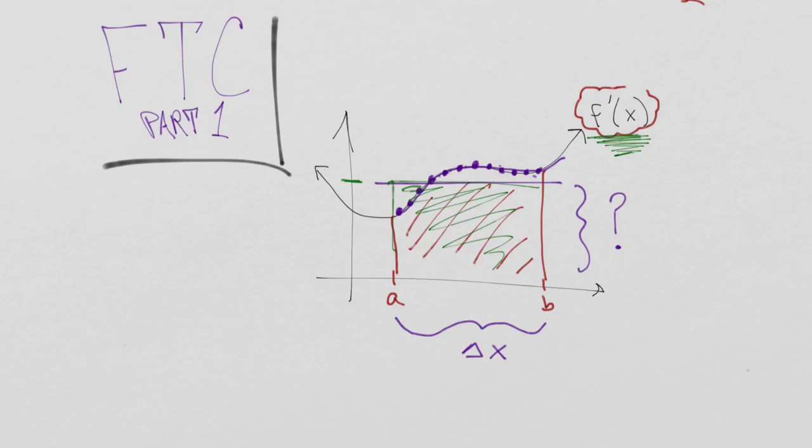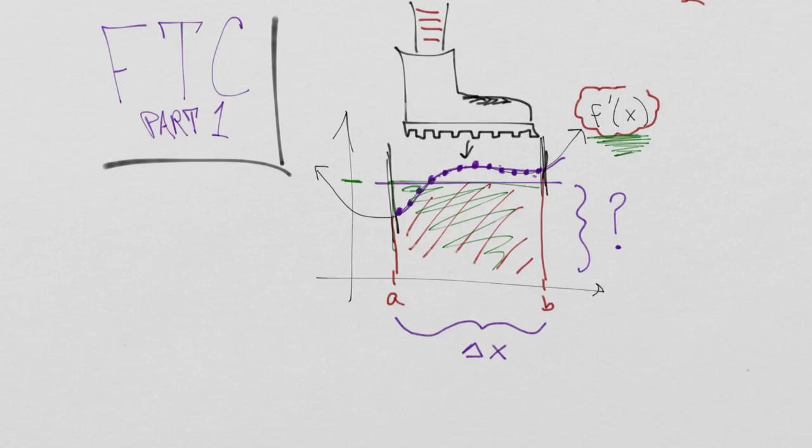There's a few ways to think of this. One way that you can think of it would be like this. If you picture a giant boot stomping down on this function between A and B in such a way that it would flatten it out, the height at which it flattens out between A and B would be the average height. And that's what I'm trying to find.